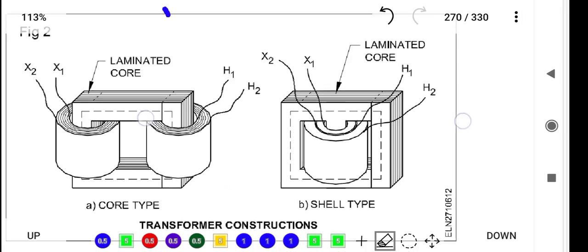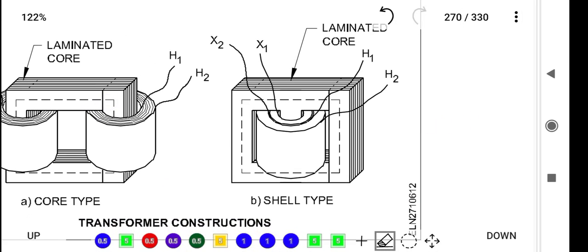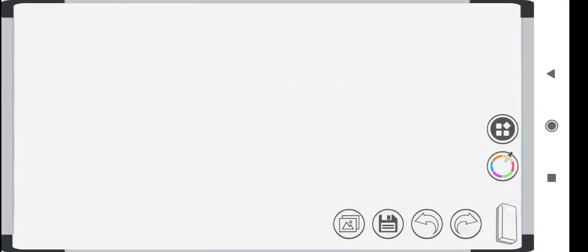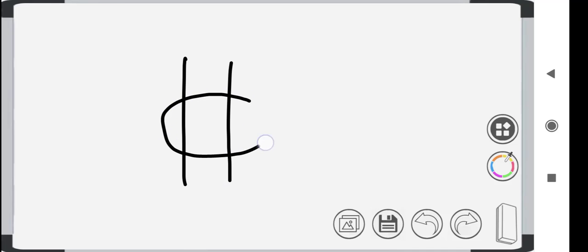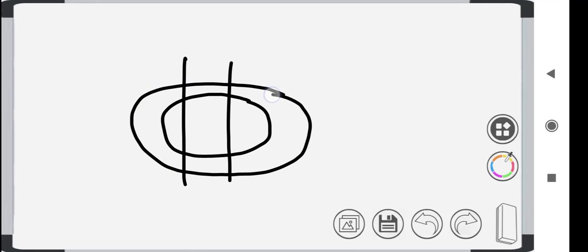See here, I will zoom this. The two windings are wound concentrically. Concentrically means, suppose this is the core. If I wind one winding and then wind another winding over it, this type of winding we call concentric.